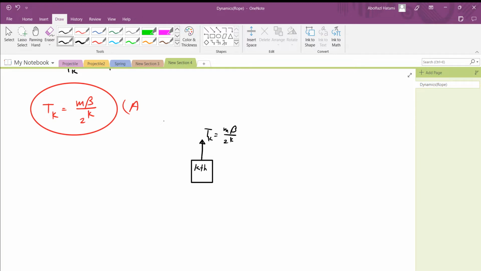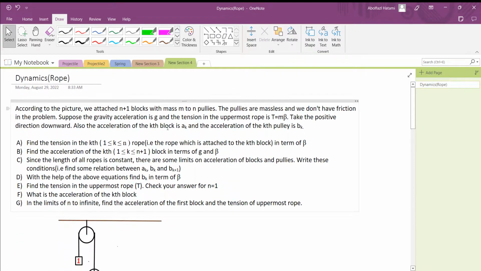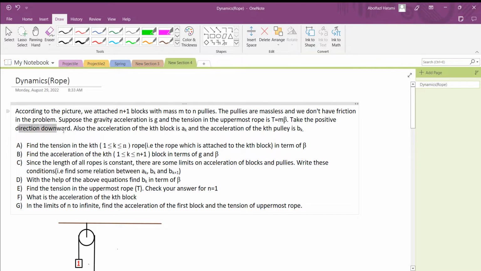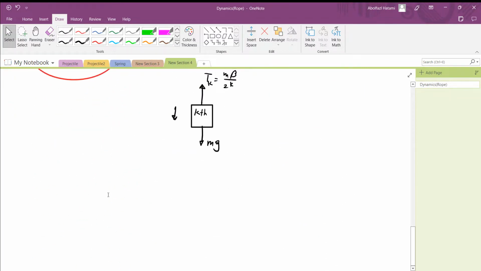And also we have a gravity force, which is downward, and it is equal to m times g. Consider that the question says the acceleration of the kth block is ak, and also the positive direction is downward. So I consider that the acceleration of the kth block is a, downward.